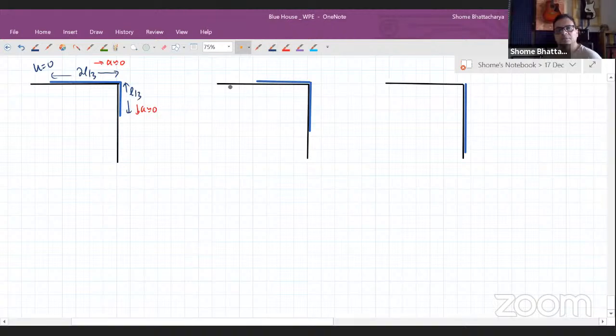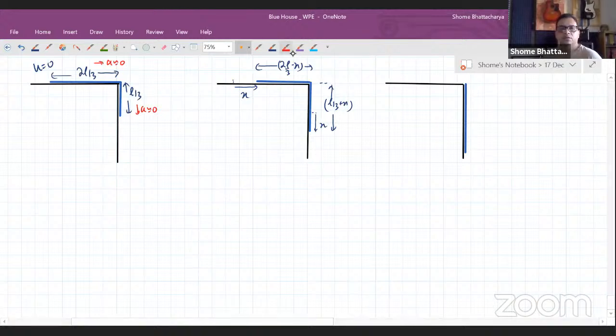Now, by now, what has happened is, suppose this end of the chain has displaced by distance x. So this end of the chain is also displaced by x. So this length now has become 2L by 3 minus x. Okay. And this length has become L by 3 plus x, this total length from here to here.